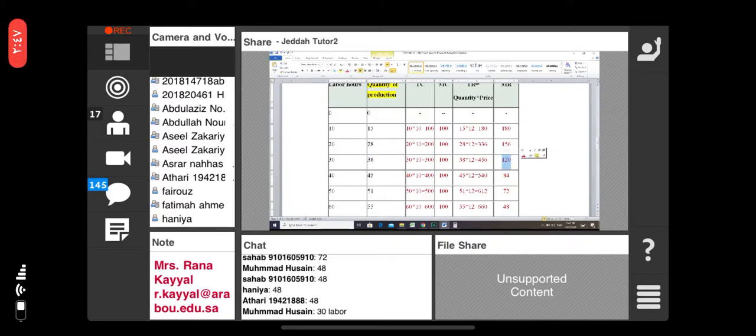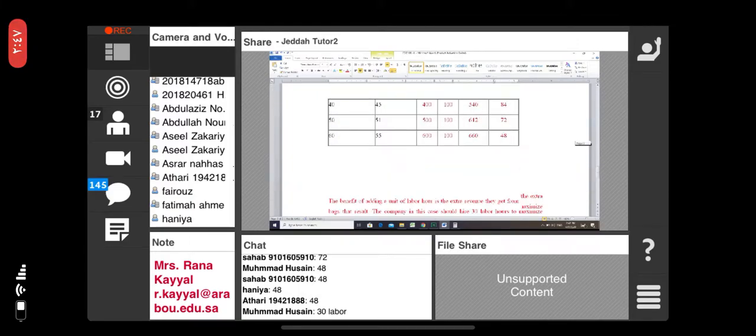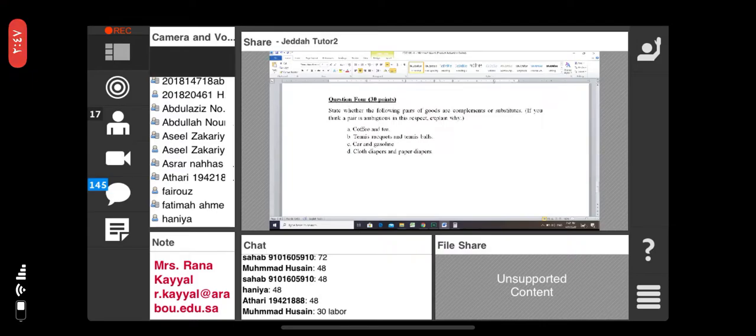Yes, why is that? Because this is the maximum level where the marginal revenue, as we agreed, is more than the marginal cost. After that, it will be less than the marginal cost. Okay, let's move on.